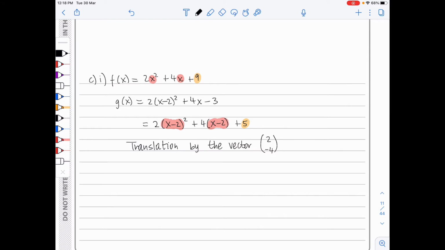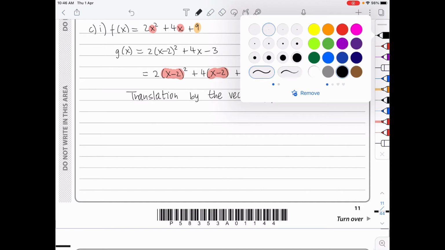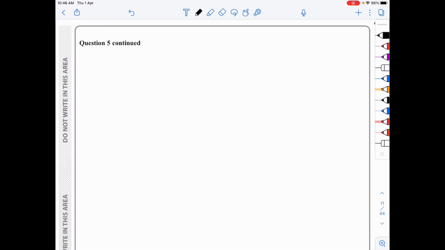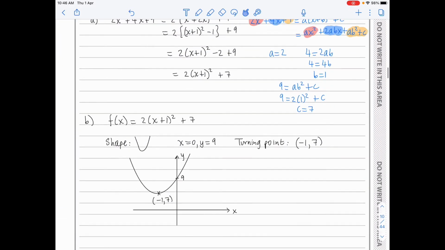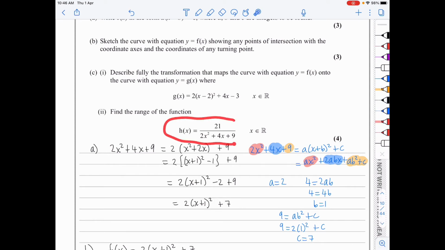That's the CI. In CII, we need to be considering h of x, which is 21 over 2x squared plus 4x plus 9. And we need to give the range of the function here.